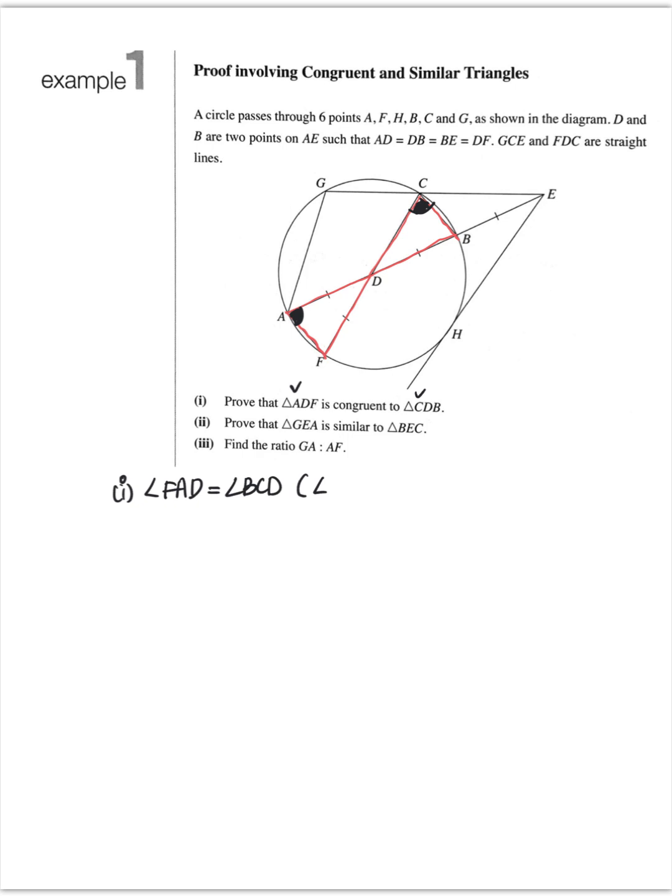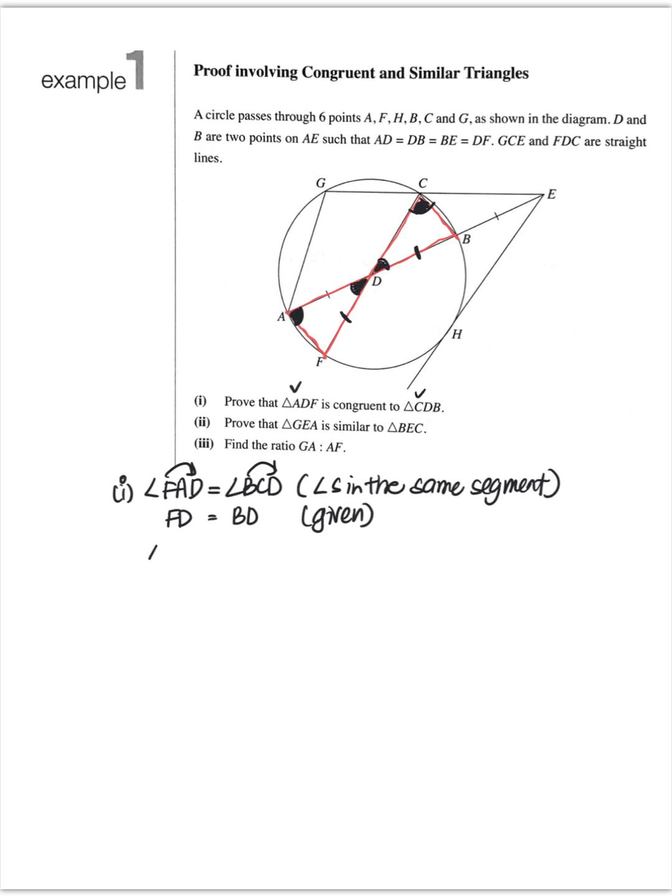So you put down the reason, angles in the same segment. Then you go on to see whether there's any equal side. Yes, it's given that FD is equal to BD. This is given. FD and BD, this one. They're equal.